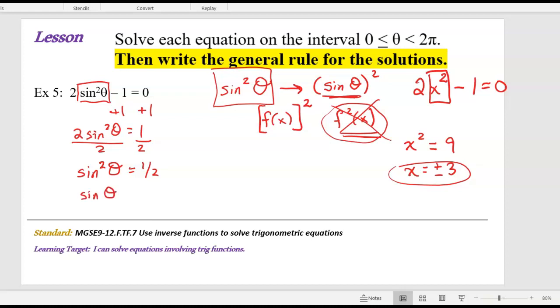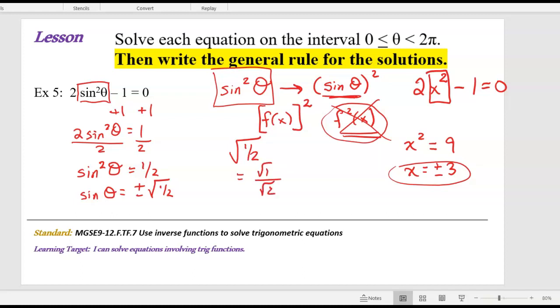But when you take the square root of the right side, you get the square root of 1/2. Don't forget the plus or minus. Now, it's been a minute, so let me remind you, let me simplify this off to the side. The square root of 1/2 is the square root of 1 over the square root of 2.